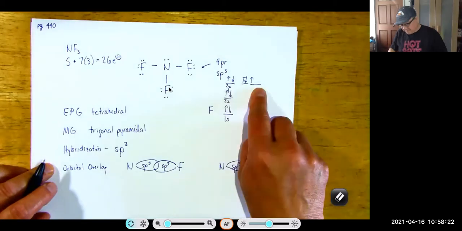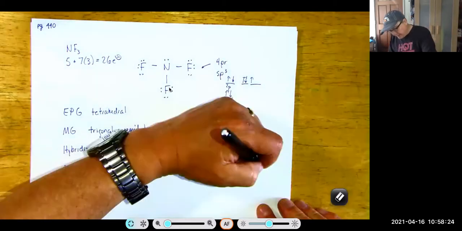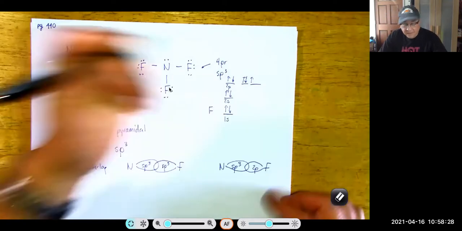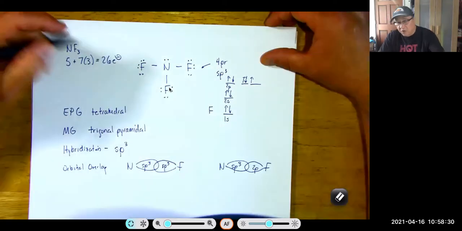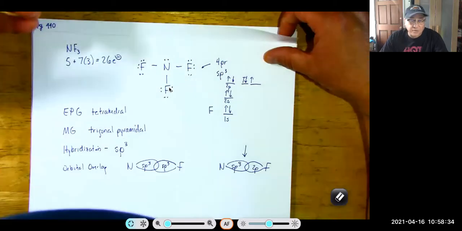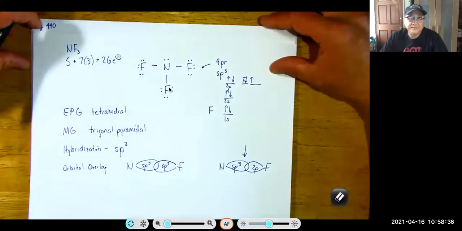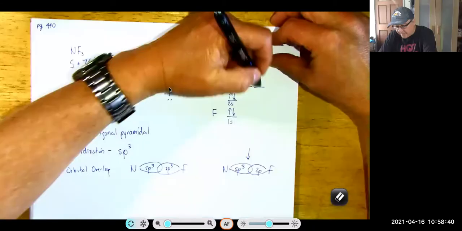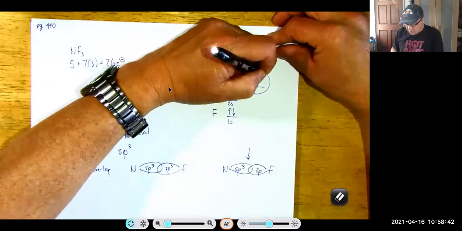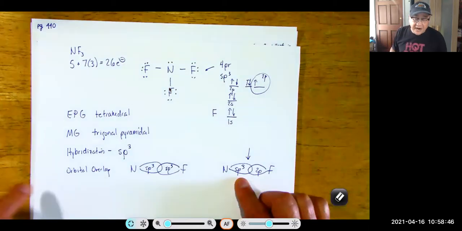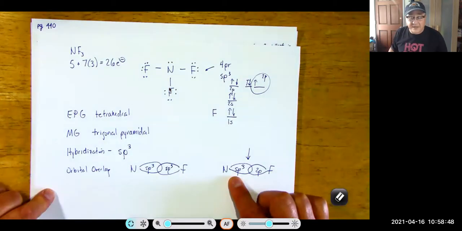So here, it could be a 2p orbital that overlaps some fluorine. This is the more commonly thought way of doing it because you don't hybridize orbitals if you don't have to. So that's a 2p, and the orbital overlap is between an sp3 hybrid and a 2p that is not hybridized.